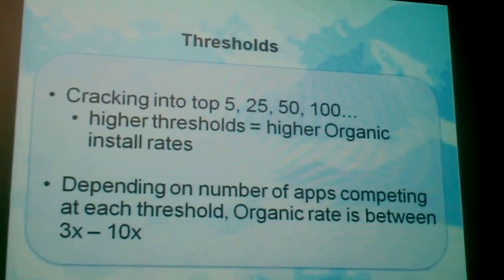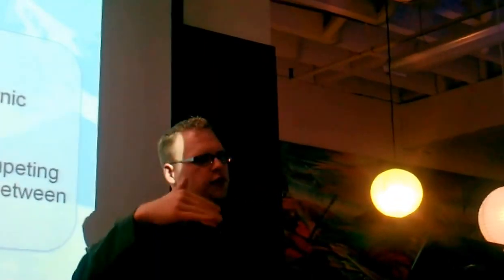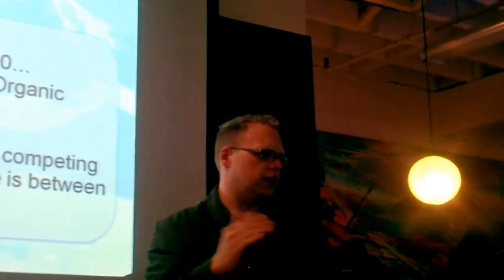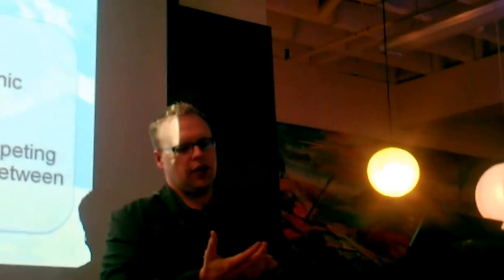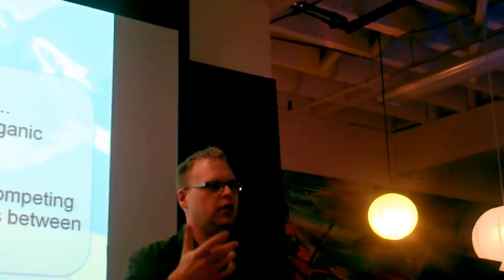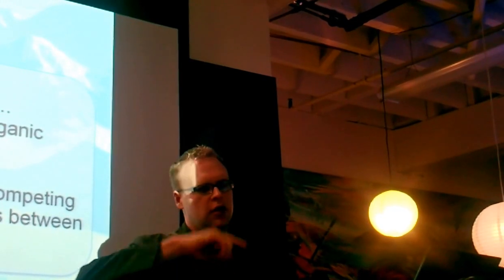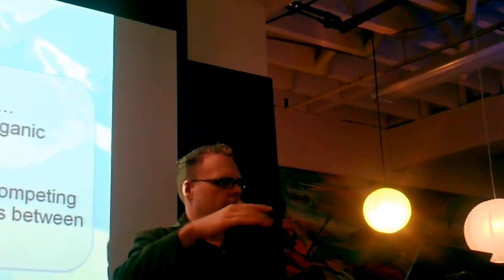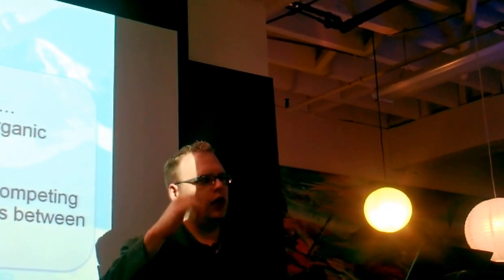So the thresholds where you get this organic boost is cracking into the top 5, 25, 50, 100. And actually, those numbers are a little bit different now because the way the App Store displays is different. It used to show from top to bottom, and it would show you the top 5 apps, and you would have to hit load more to see the top 10, hit load more to see the top 25.